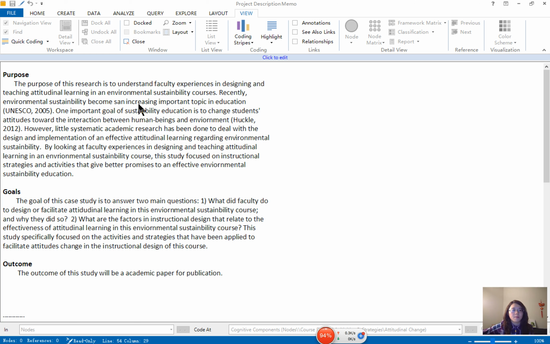So that's why this research is going to focus on how faculty design an effective sustainability course that targets changing students' attitudes.